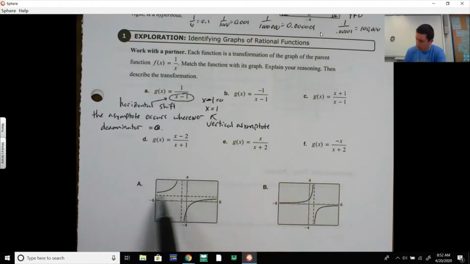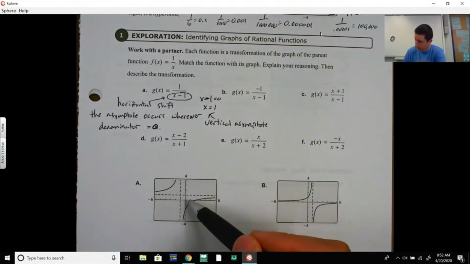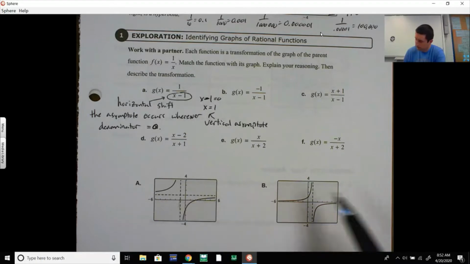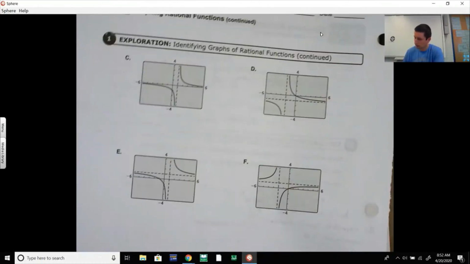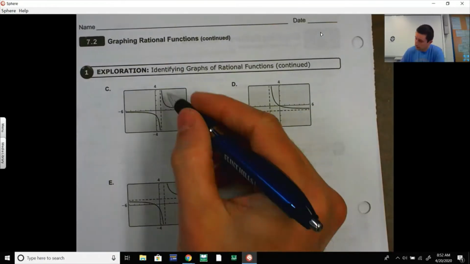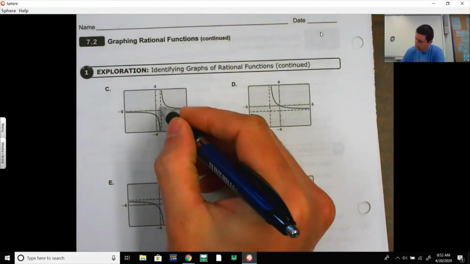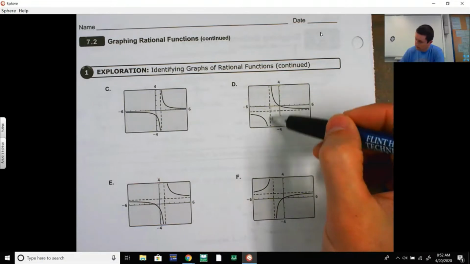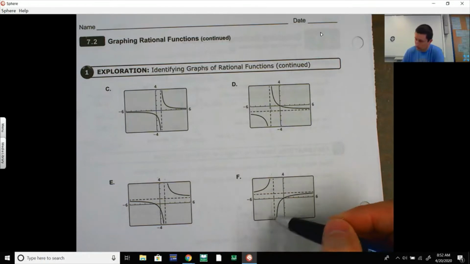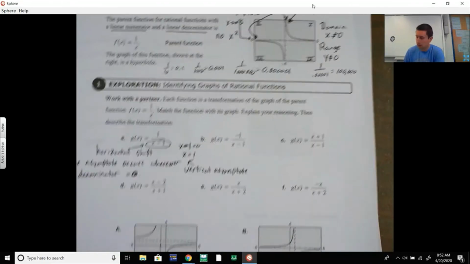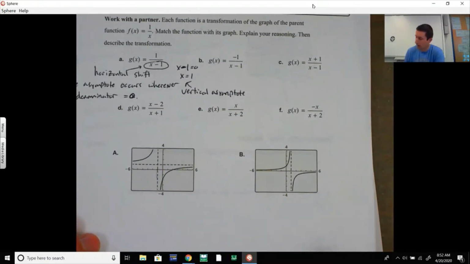When you look at your graph, this one is at -1, this one is at +1, this one's at -2, this one's at +1, and this one's at -2. So we have three options here: C, E, and B are going to be our selections for A.